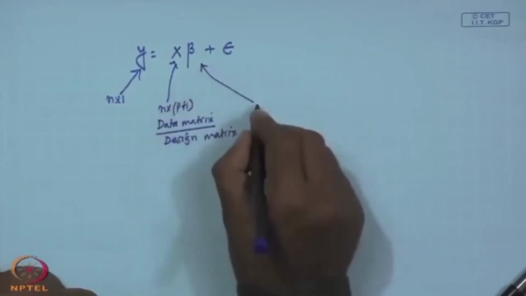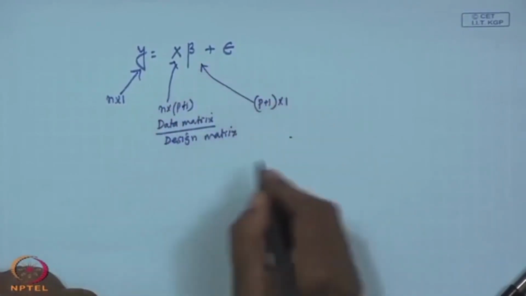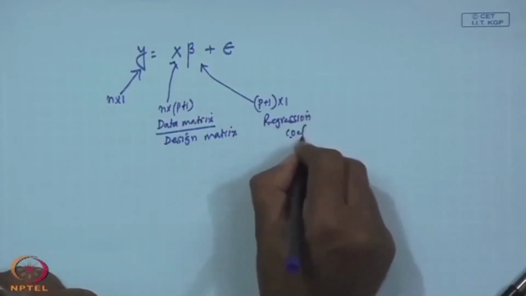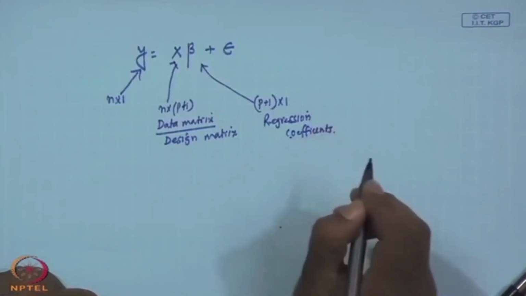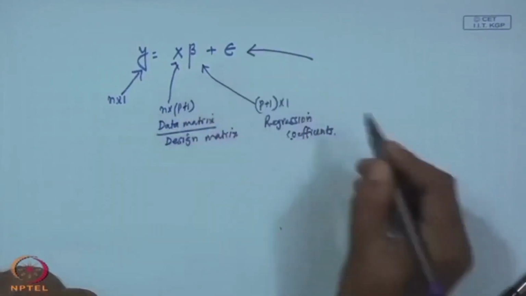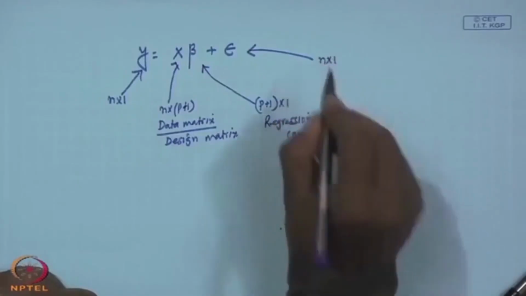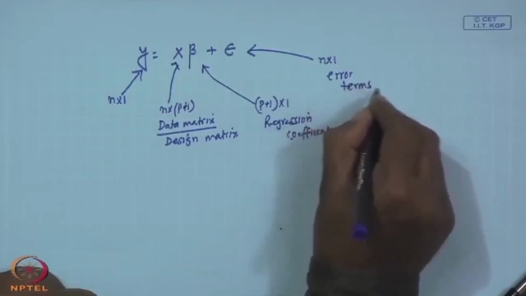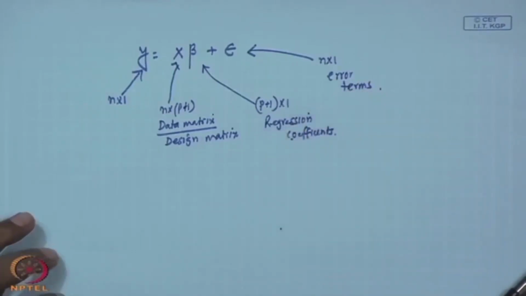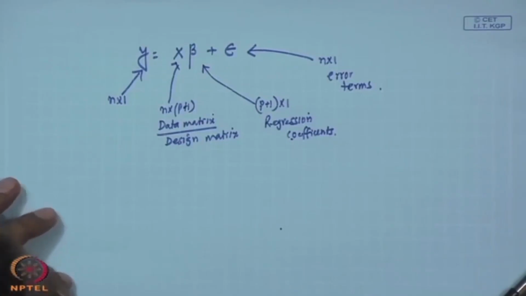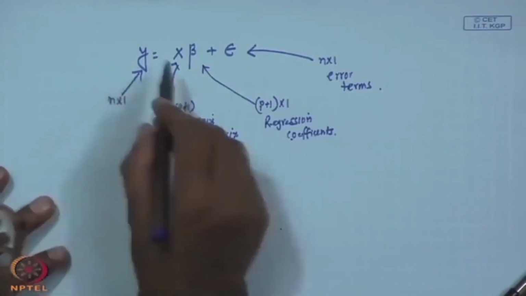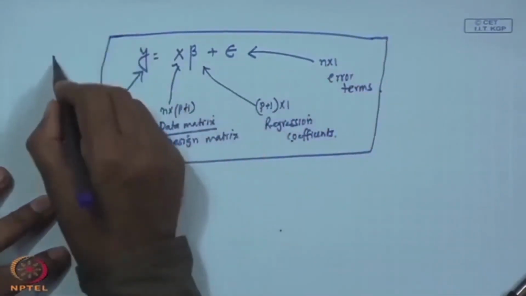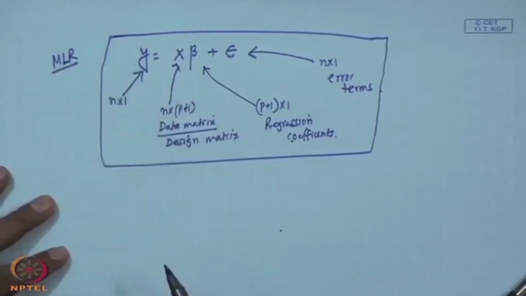Beta is the p plus 1 cross 1 vector of regression coefficients, and epsilon is the n cross 1 vector of error terms. Fine. So, this is in a nutshell the equation for multiple linear regression in matrix form.